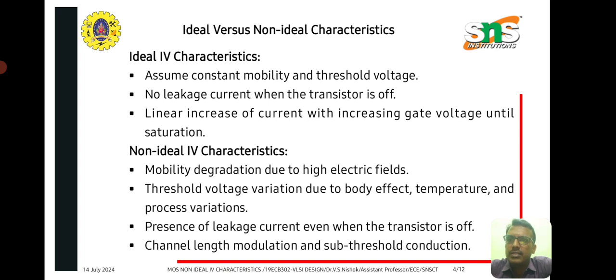The points discussed here represent the non-ideal characteristics that start with mobility degradation due to high electrical fields and threshold voltage variation and presence of leakage current even when the transistor is off, and channel length modulation and subthreshold conduction are some features of non-ideal characteristics that we are going to see one by one.